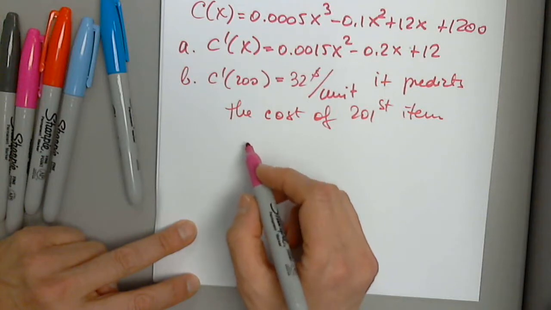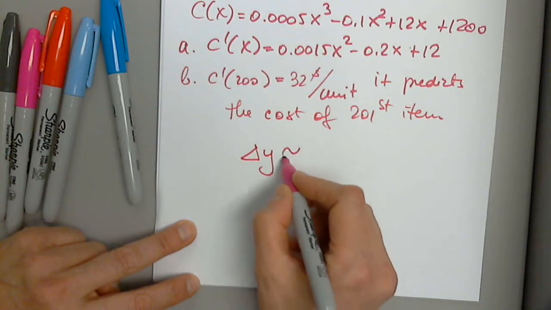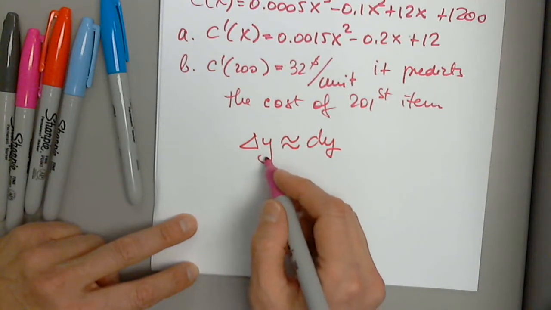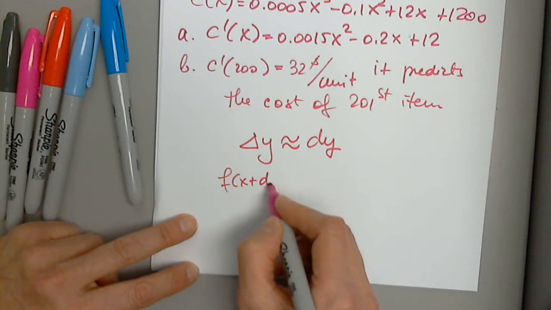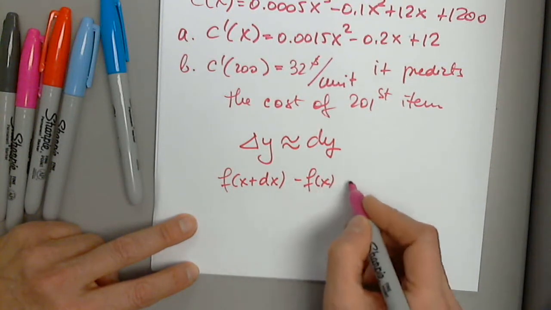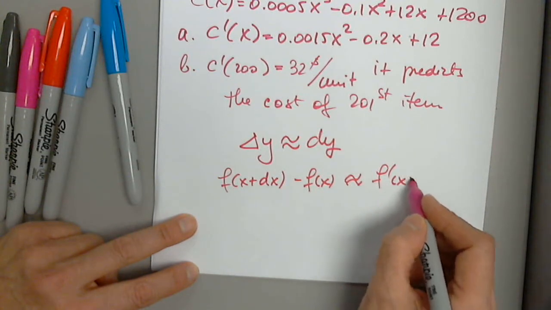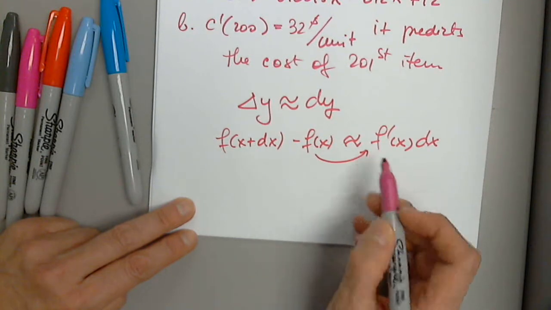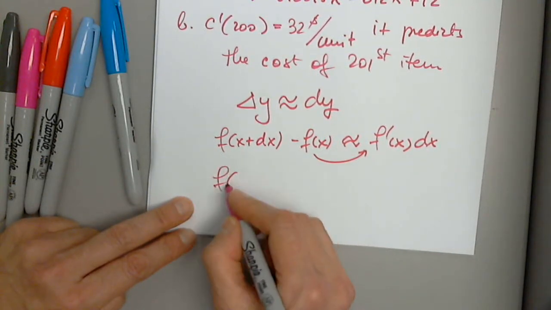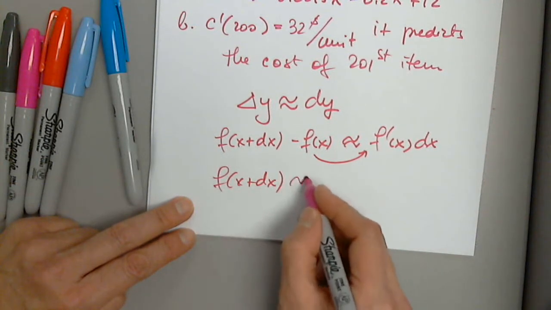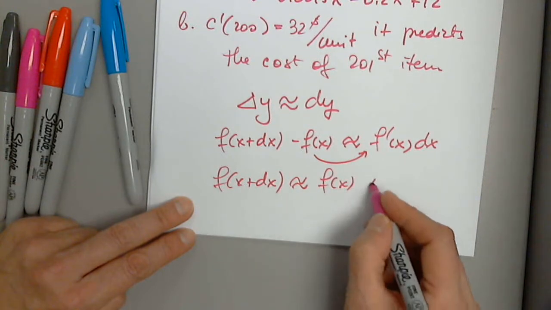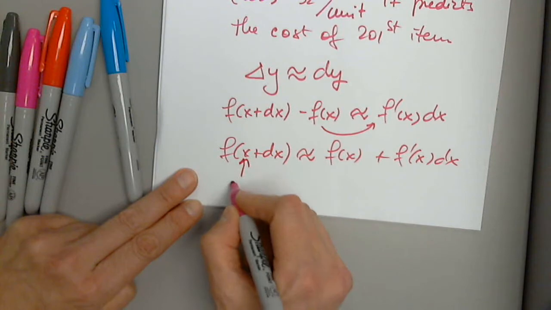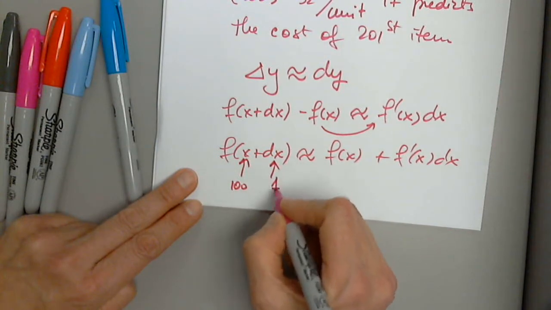So remember delta y is approximately dy, where this is f of x plus dx minus f of x, and this is f prime of x dx. Like we did many times before, f of x plus a little bit is approximately f of x plus f prime of x dx.